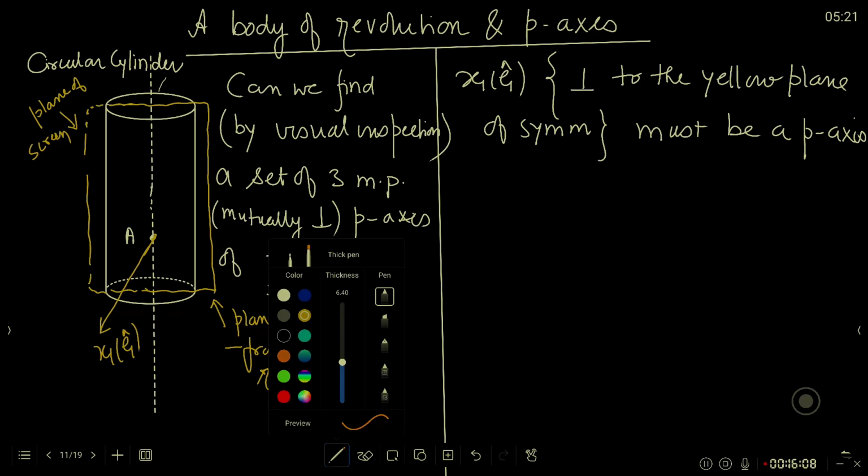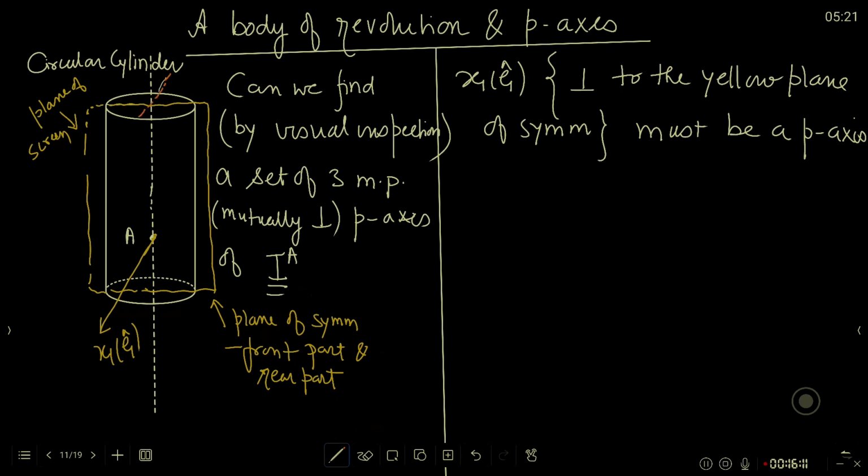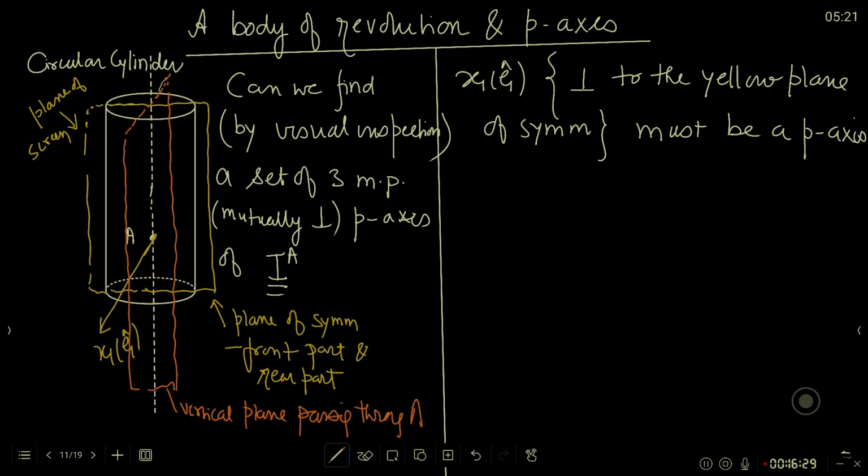If I take a plane like this, which is also a vertical plane passing through A, and mind you, A in this case is a point on the axis of revolution. It is given. The cylinder is a body of revolution and A is a point on the axis of revolution.